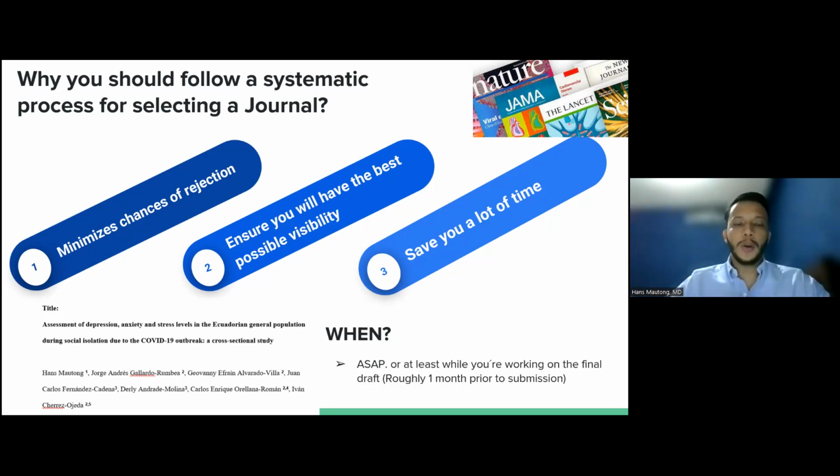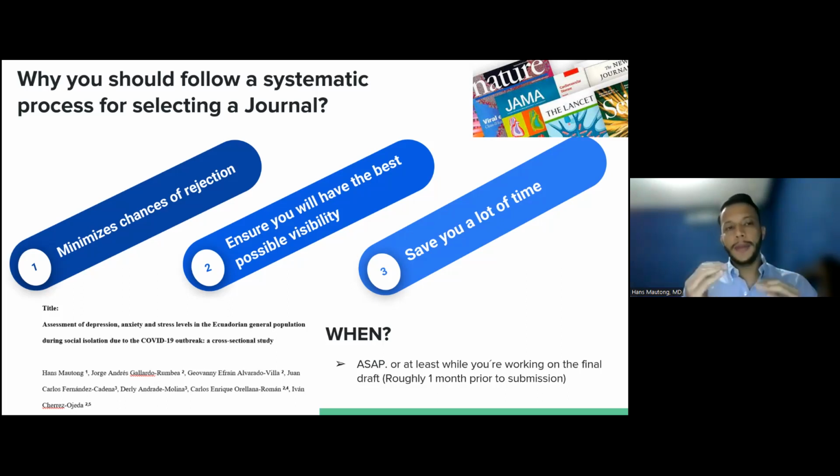Okay, so if you match the scope of your paper with the scope of the journal, you probably get accepted. The second one is that it will ensure you have the best possible visibility. If you follow this process and come up with a ranking of your own, a personalized, specific ranking based on your preferences, you will find that some journals are better suited for you, your manuscript and your research group based on your goals and aspirations.